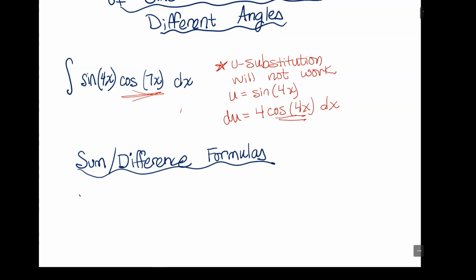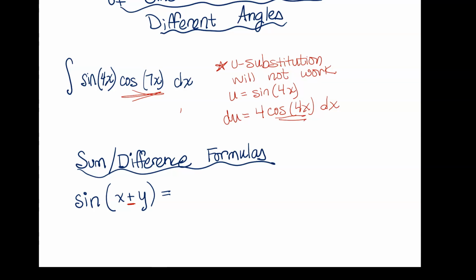So the sum and difference formulas have to do with how to break up an angle where there is a sum or a difference inside the angle. And I'm going to start with sine, but then I'm also going to show you for cosine as well.